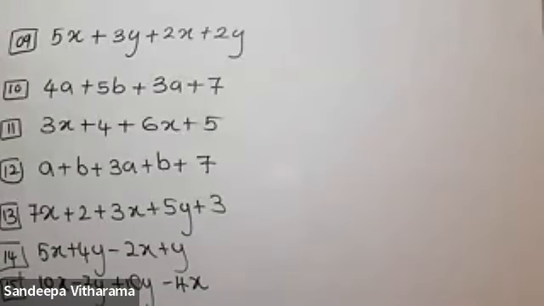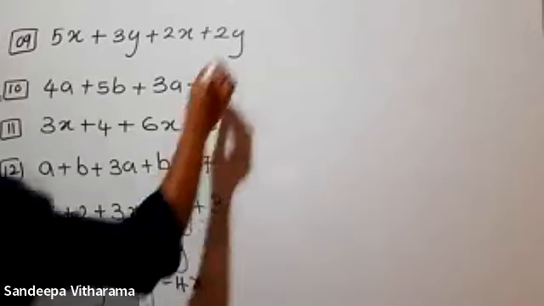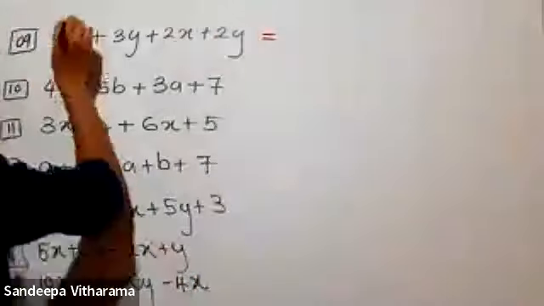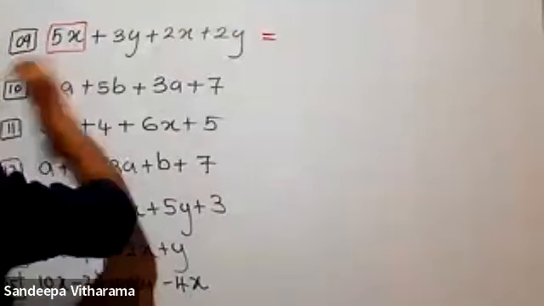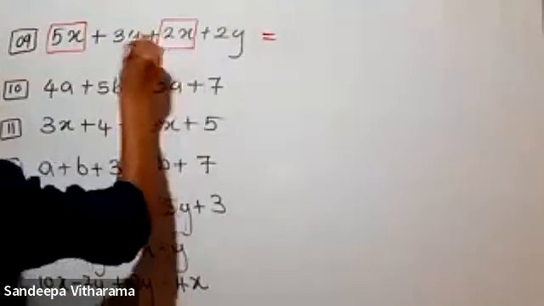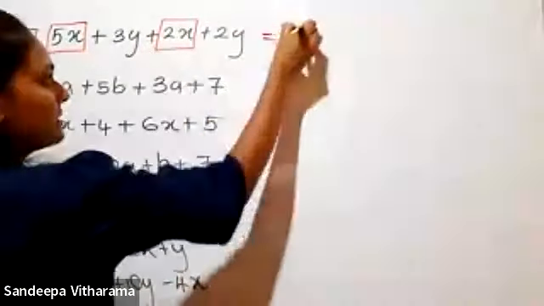Okay. If so, let's see what the answers are. Here, look at 5x and 2x are added. 5x, 2x, that is 7x.